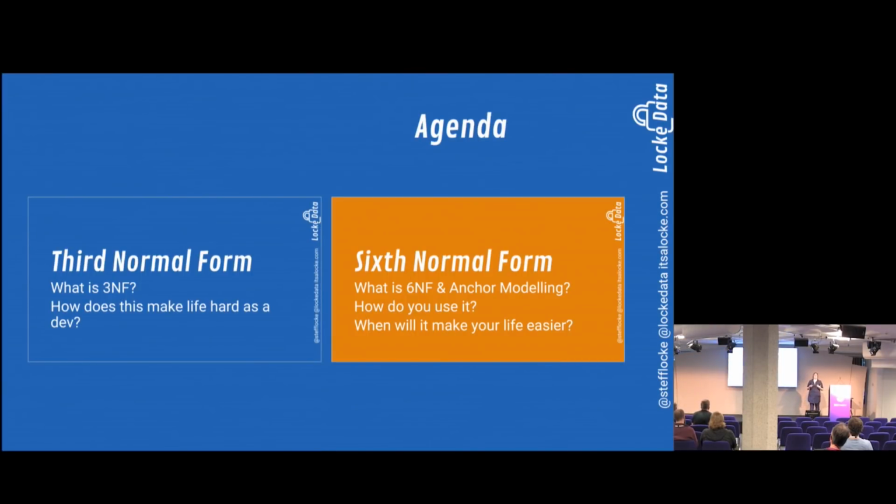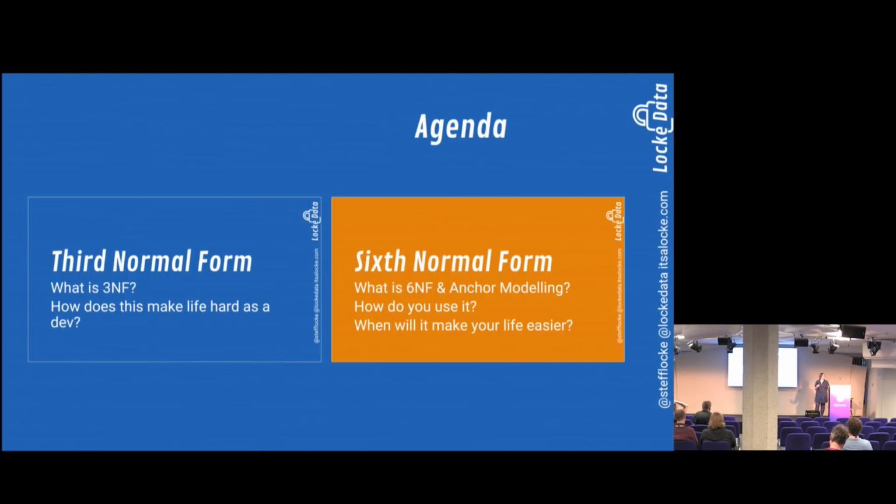So what we're going to cover today is what is third normal form? How do you get there from some data? And why it sucks to have to use third normal form as a developer. We'll then go, okay, so Steph set up the problem. What is her proposed solution?